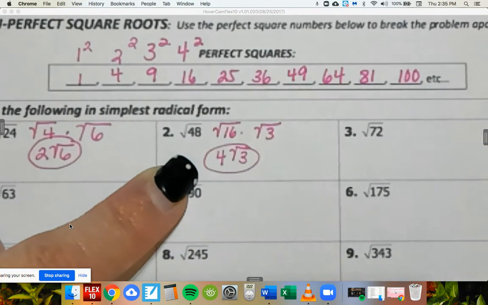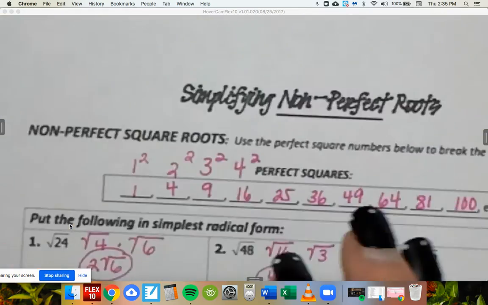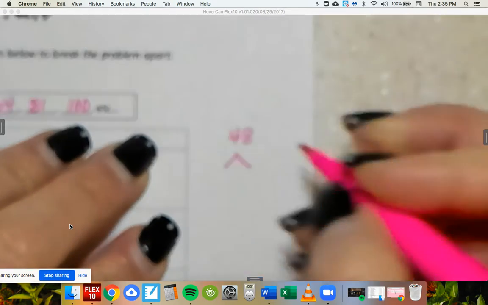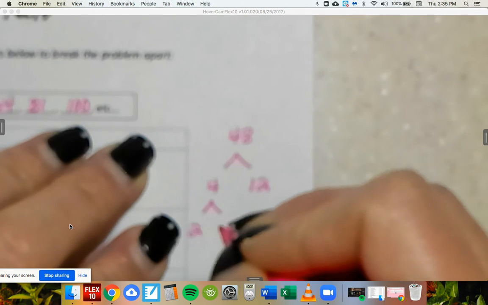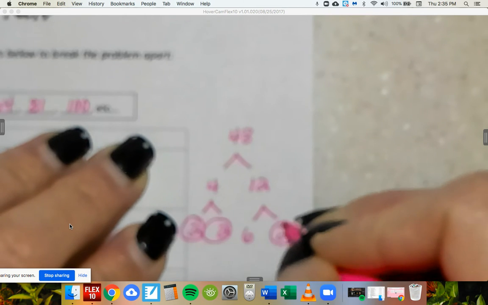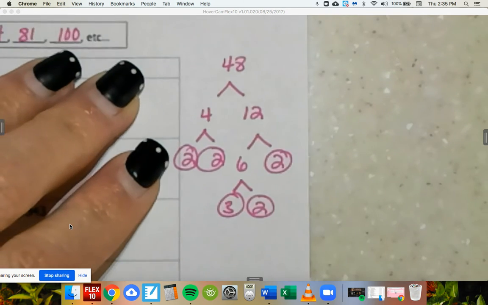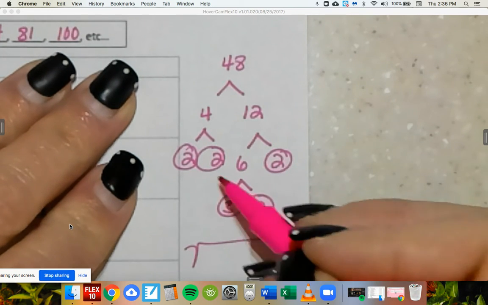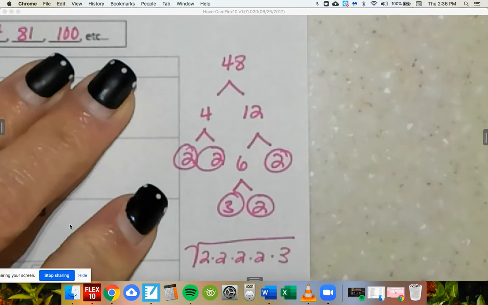You want to do the prime factor way? Let's do it. Let's break down 48. Let's do it over here. Okay, so I prime factored it. So this basically means the square root of 2, 2, 2, 2. I've got 4 of them and a 3.